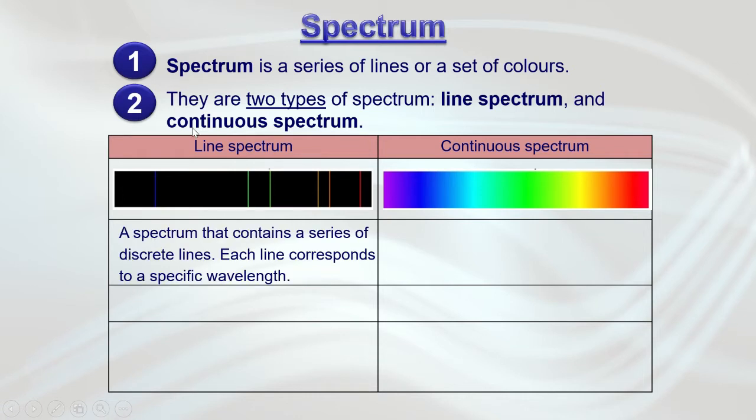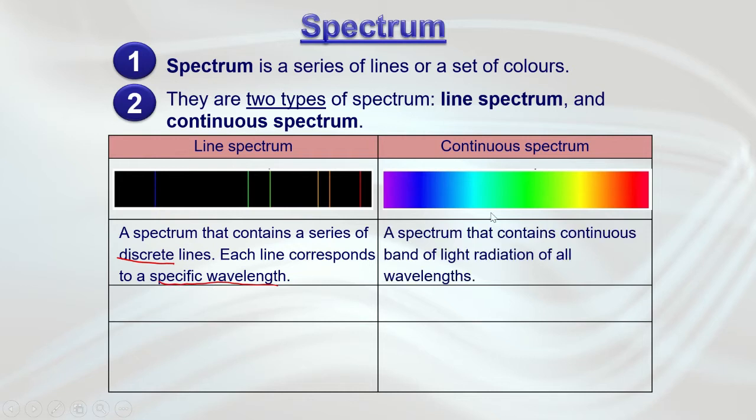A line spectrum is a spectrum that contains a series of discrete lines. Each line corresponds to a specific wavelength. Meanwhile, a continuous spectrum contains a continuous band of light radiation of all wavelengths, so not discrete wavelengths.